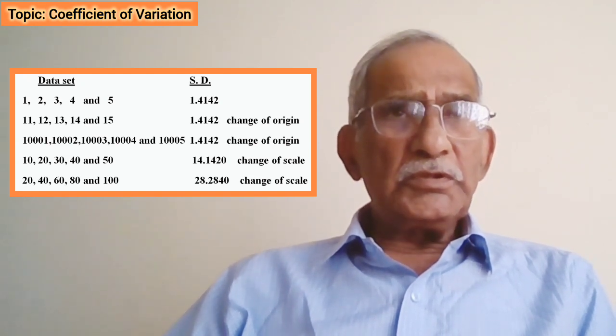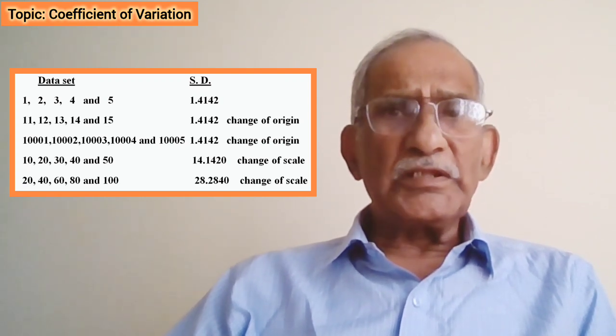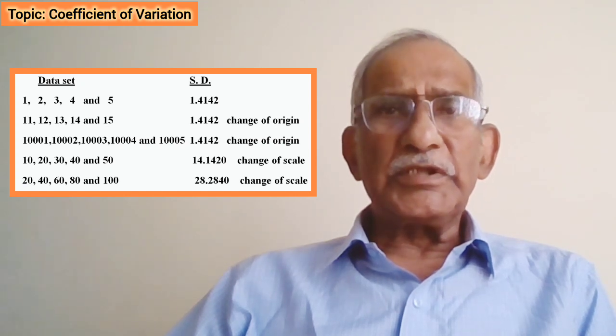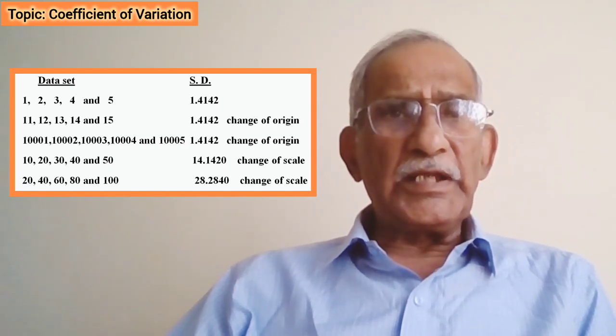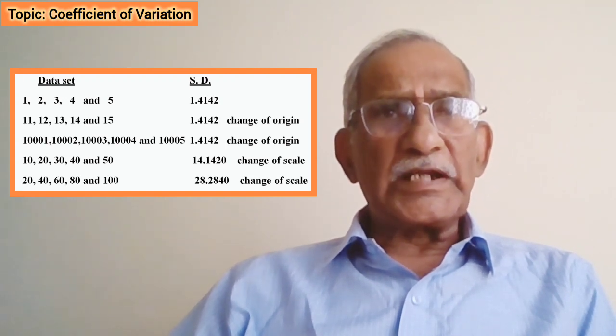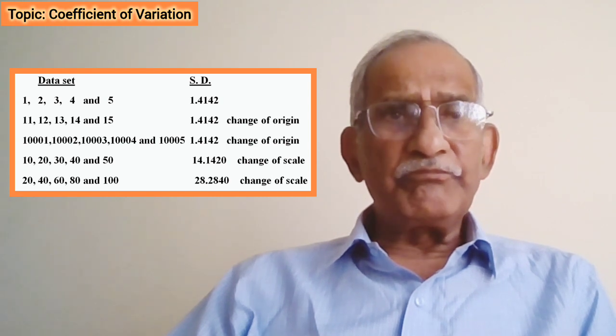Now, you see, it is clear that the standard deviation of 10,001, 10,002, 10,003, 10,004, and 10,005 is the same as that of the data set 1, 2, 3, 4, and 5.